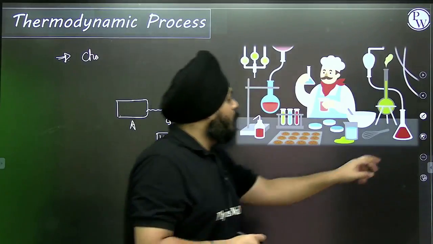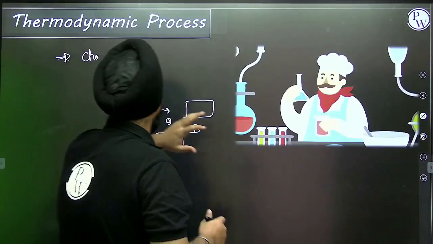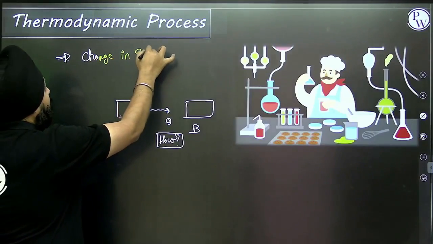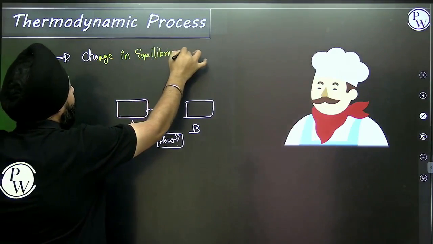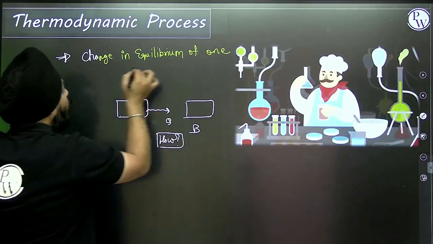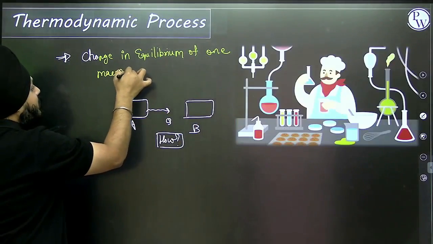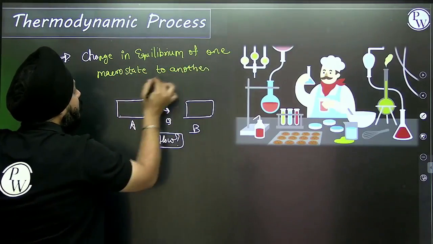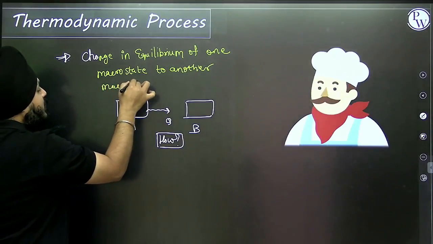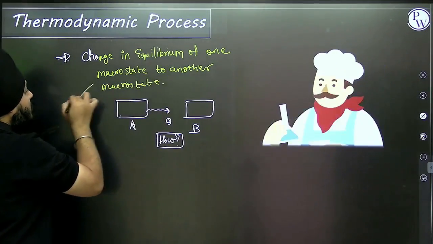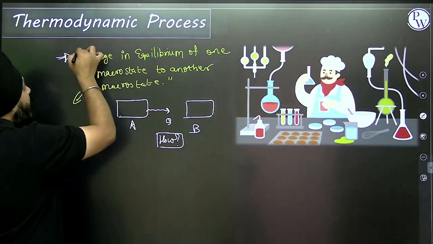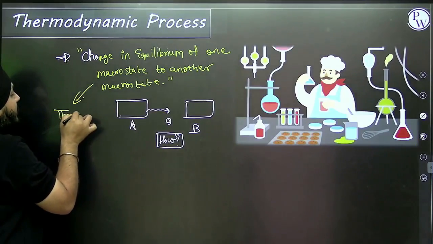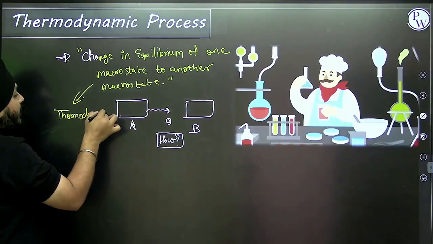If I want to define that, I can say it is the change in equilibrium of one microstate to another microstate. If this is possible, we can say one process is going on, and that process is a thermodynamic process.